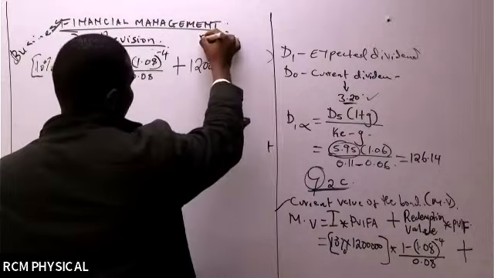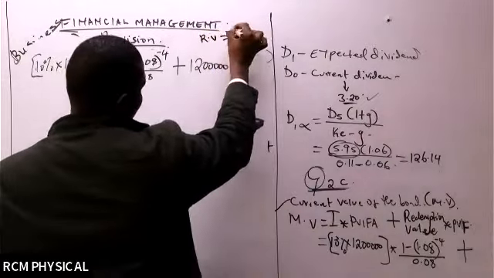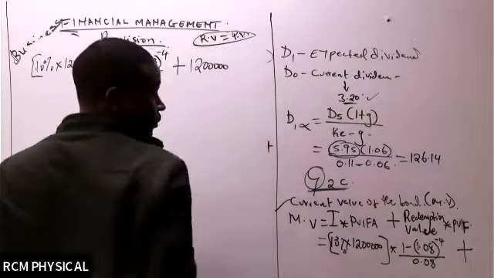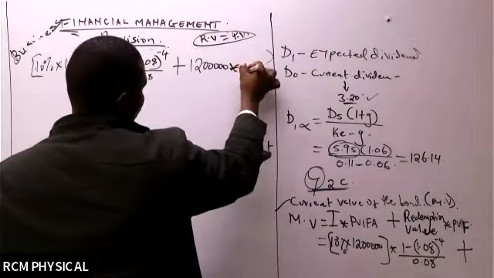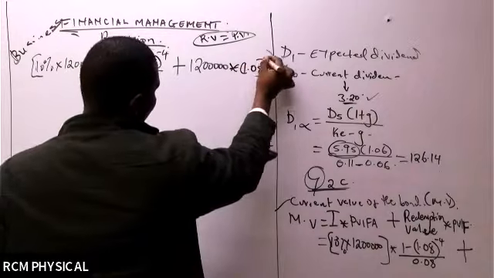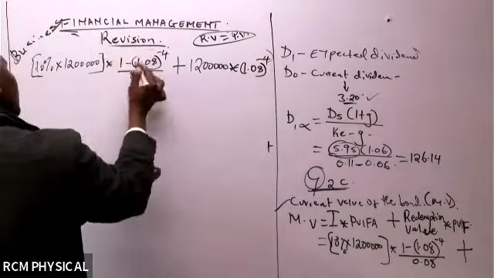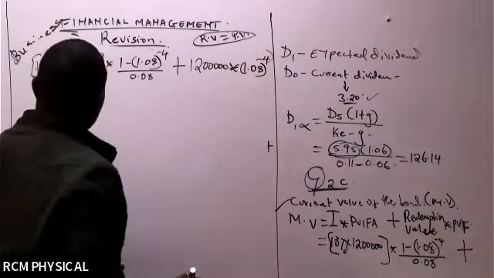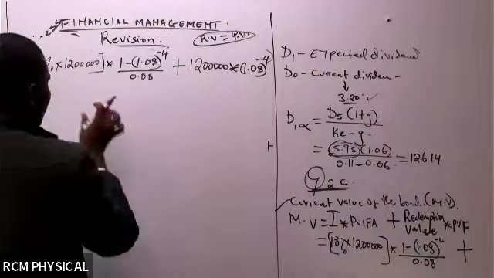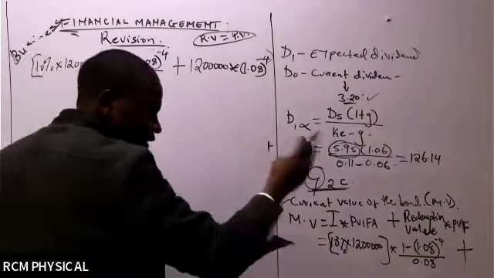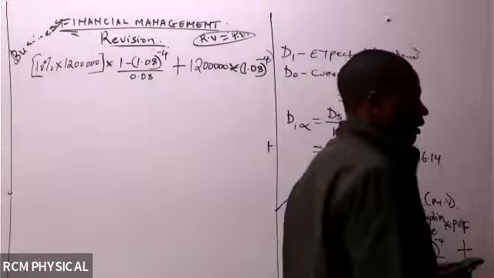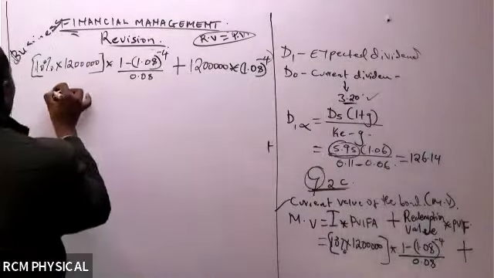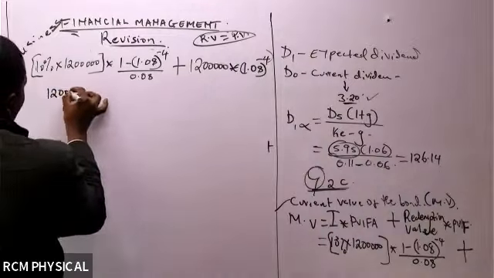And we multiply by 1.08 to the power of -4. Can you give me this figure? 10% of 1.2 million is 120,000. It is good to go step by step.